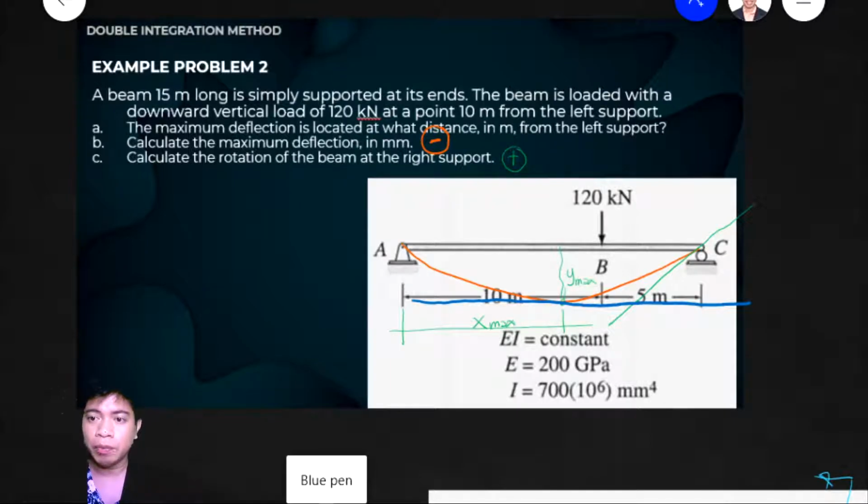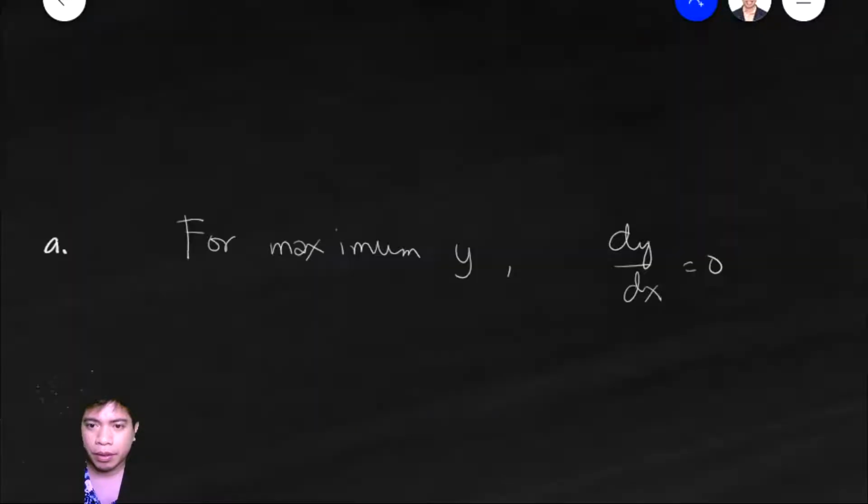So yun yung palatandaan natin ng ating maximum deflection. So I-assume muna natin guys na nandito siya sa segment AB, tapos kung hindi siya nandito, edi nandito siya sa segment BC. Okay, so yun na nga guys. So para sa letter A, that is max, yung kailangan natin makuha dito is yung X max.